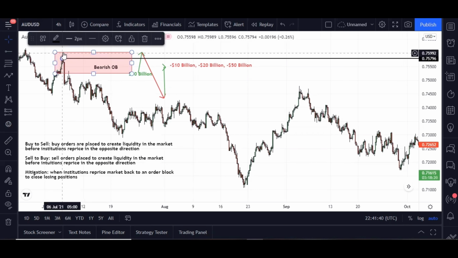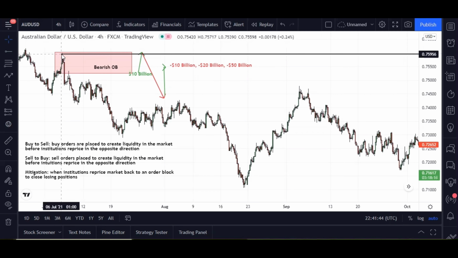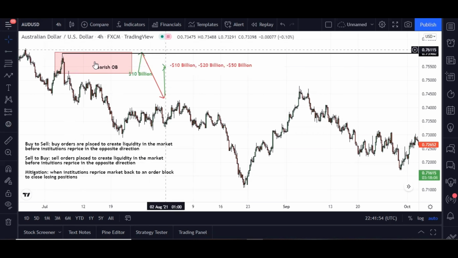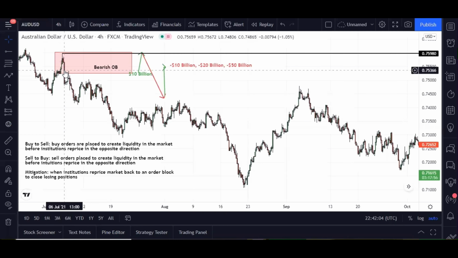You will see them even on a higher time frame come up to mitigate it all the way on the wicks, because the wicks, while they are less price action on a higher time frame, they're still price action on the smaller time frame. They're still full candle bodies, maybe on the 5 minute or the 1 minute time frame. So we'll be looking for price in the future to come back and for the banks to mitigate their losing positions here on the trade.